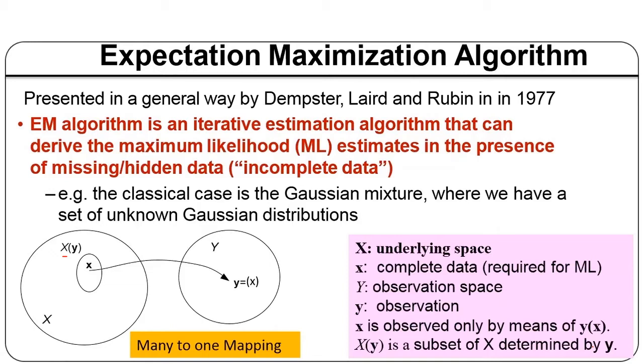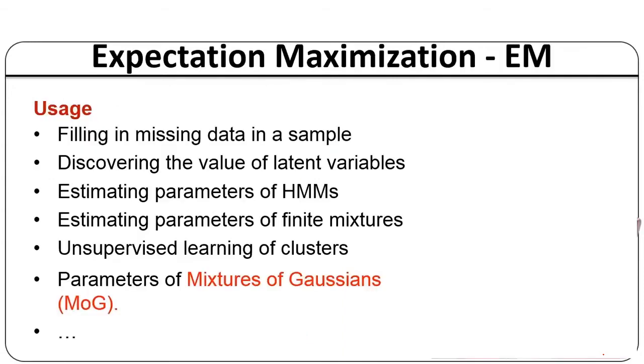Small y is then the observation, and small x is observed by means of y of x. Based on the y values, we are going to find out some values, and capital X of y is going to be the subset of X determined by the y. Here we are going to find out the mean as well as the variance value, and then we are going to use it in the formula. This is the syntactic representation through which we can represent the expectation maximization function.